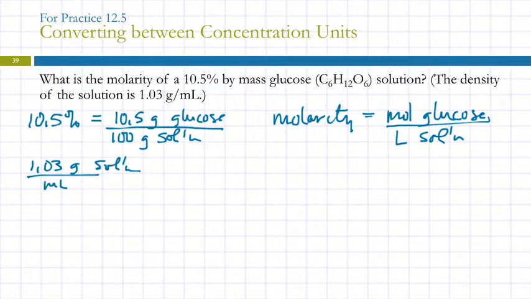There's more than one way to do this. You could start with the percent, because remember what I said before? Usually we take the units and we look at which one doesn't have per in it, and that's the one we start with, right? And we use the others as conversion factors.